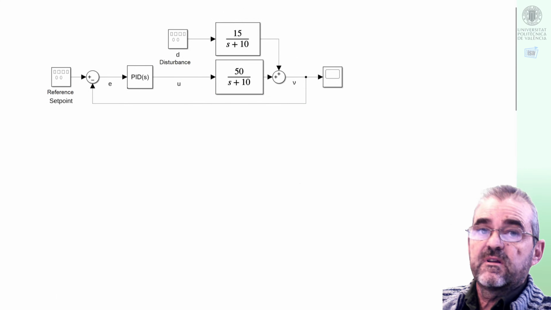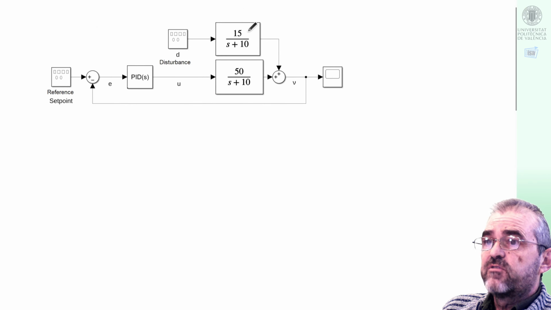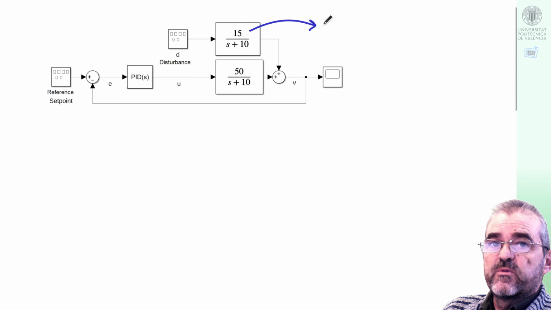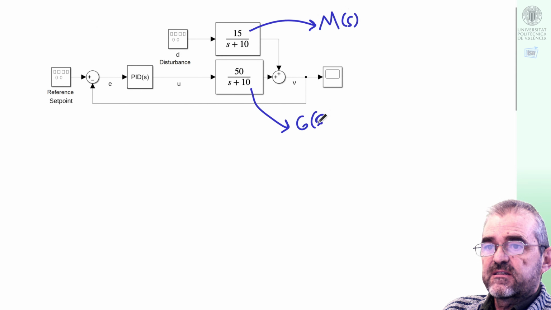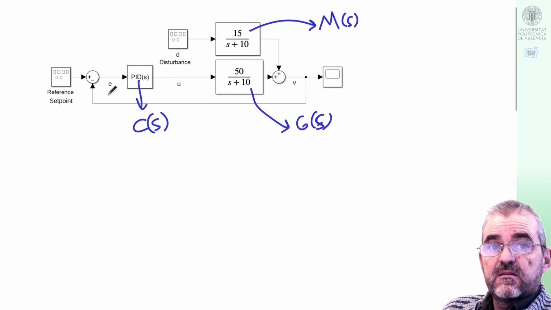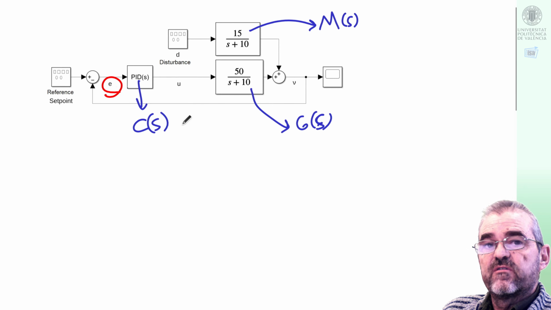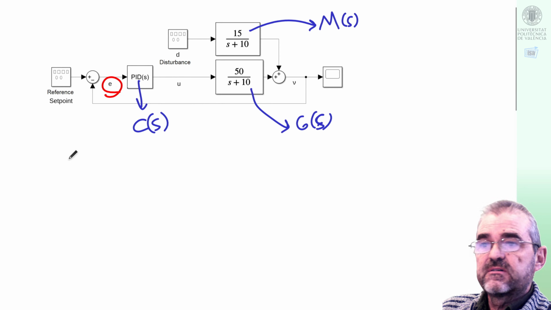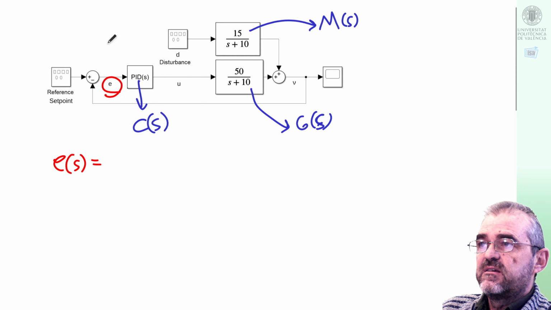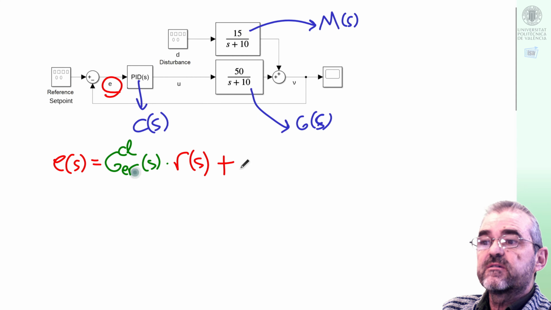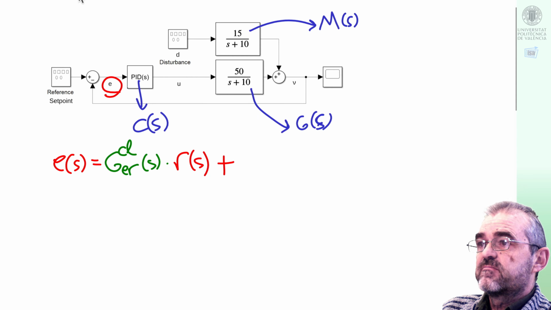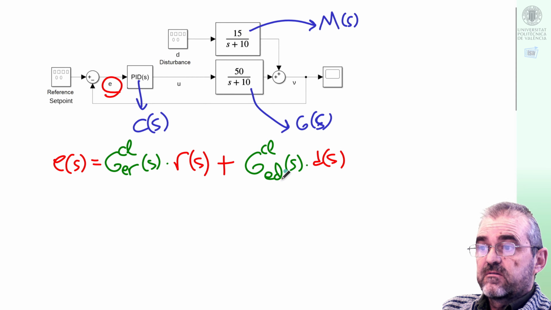So, if I copy the block diagram for convenience, this transfer function will be denoted as M of S, this one as G of S, and this one as C of S. And in the problem statement, I am requested to solve for E. So, for sure, the final result will be that E of S will be some closed-loop transfer function from setpoint to error times this reference input plus another closed-loop transfer function from disturbance to error.